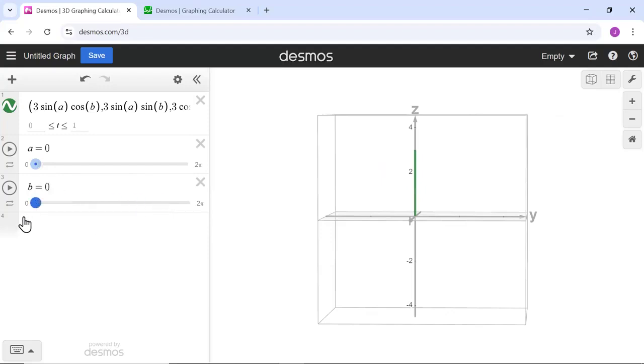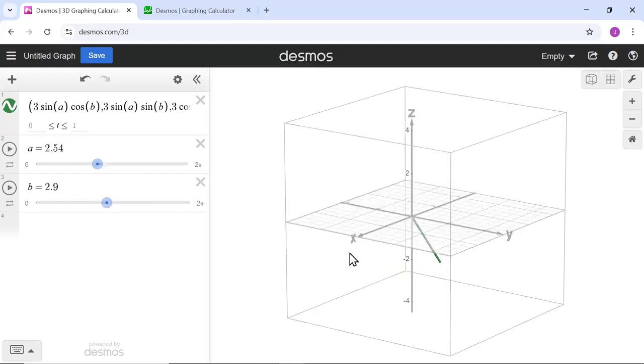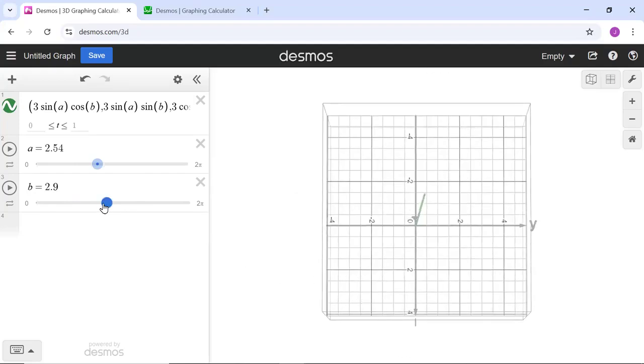So if we have two angles that are both 0, then we're right along the z-axis. As phi increases, we move down. Once we get to pi, we can stop because if we wanted to get down there, all we'd have to do is rotate it around in a circle.